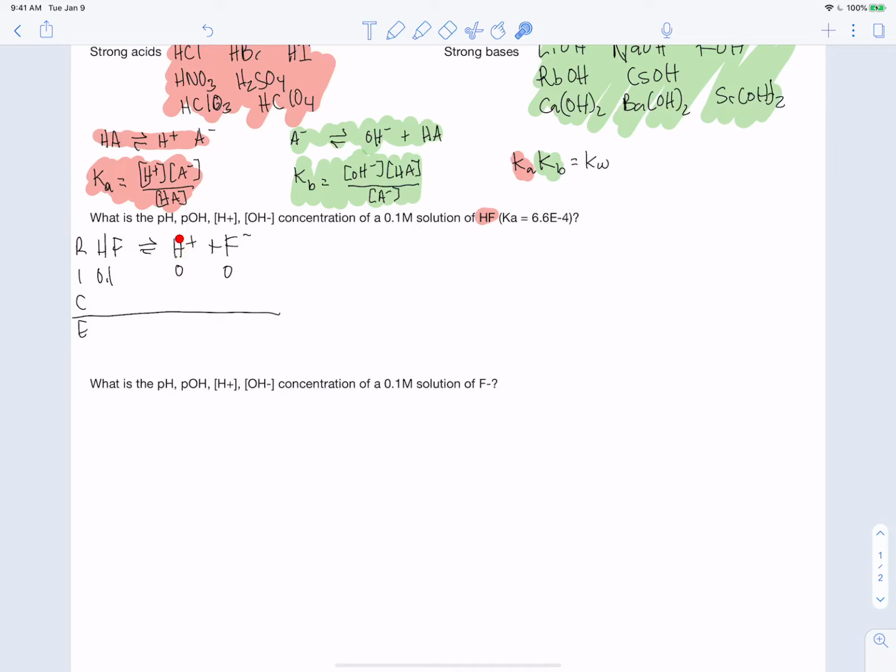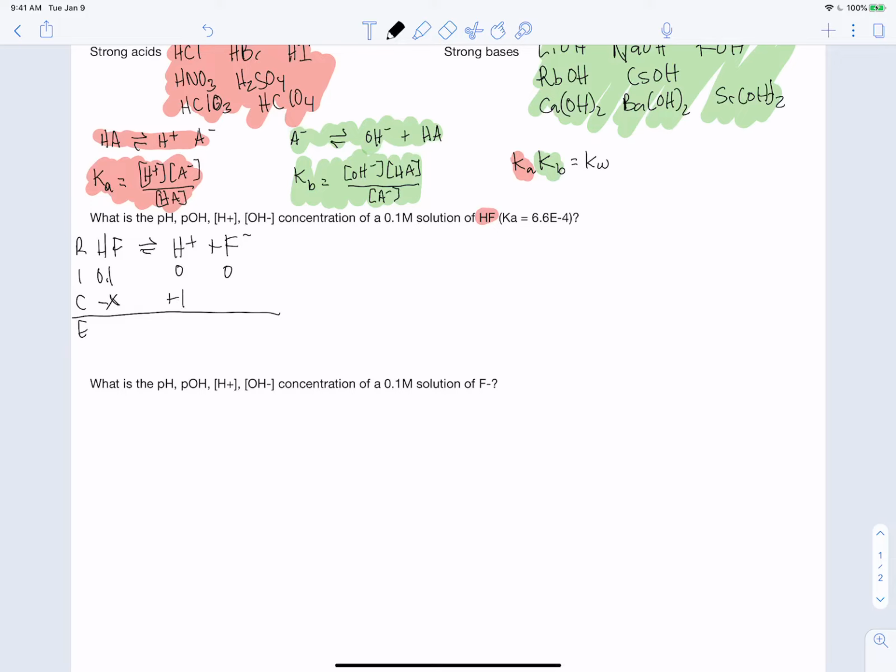We know wherever it's going to come from is HF dissociating. So some of this is going to dissociate and contribute to H plus. We know it's not going to be all of this because that's what a strong acid problem is. We know it's going to be some amount.